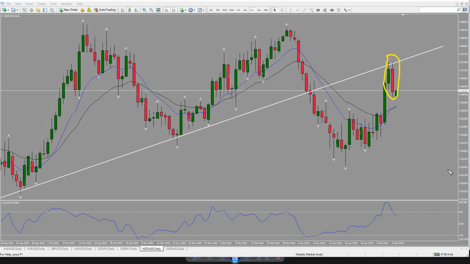An engulfing candle, yes. This is the same situation that we had last week with the GBP, which means, what does it mean? So at the moment, there is no fractal over there. If we want to wait for the fractal, we have to wait for this candle to finish.